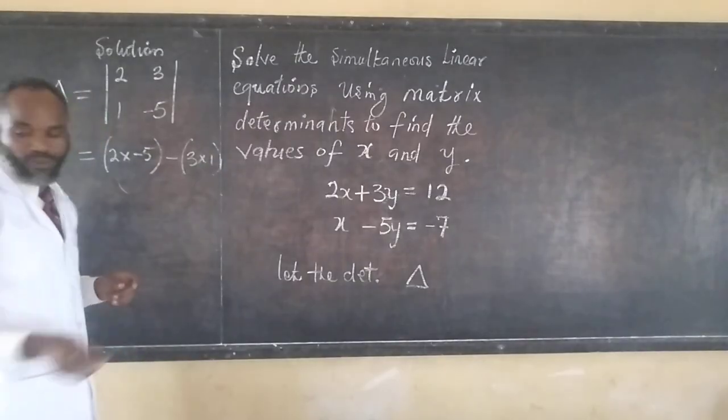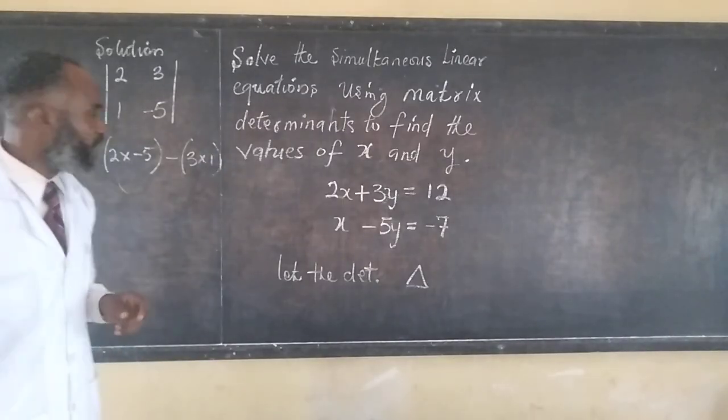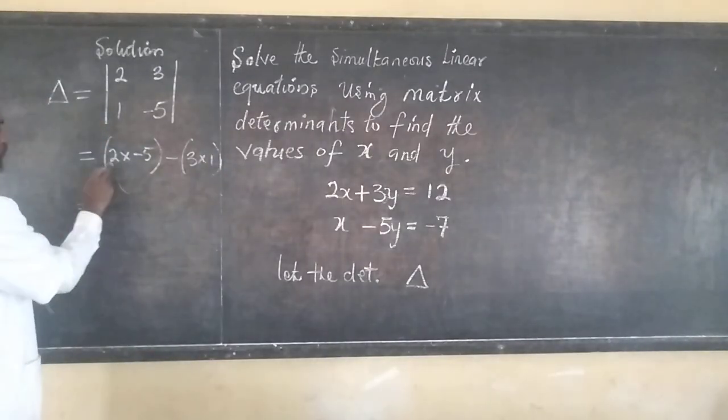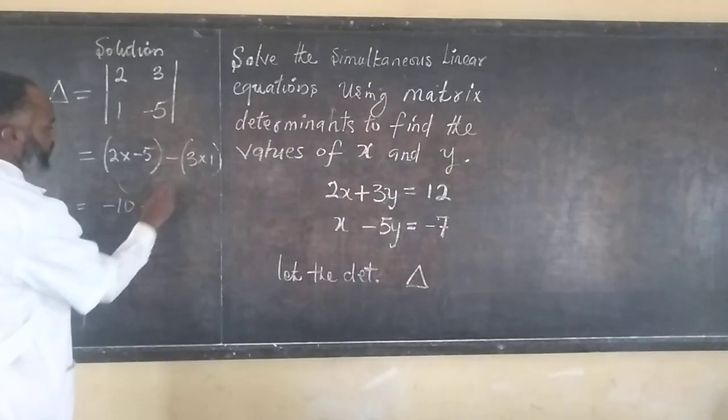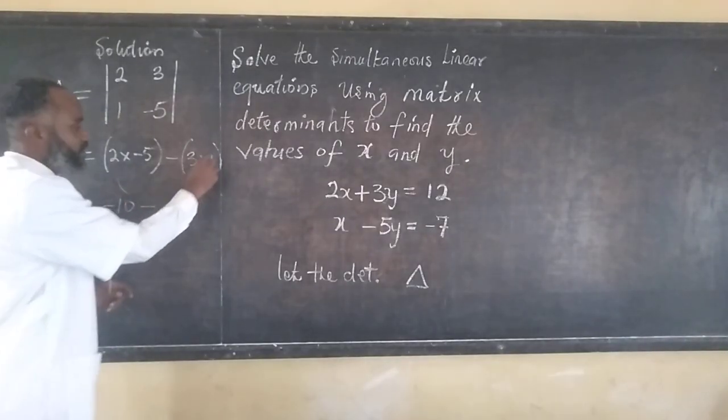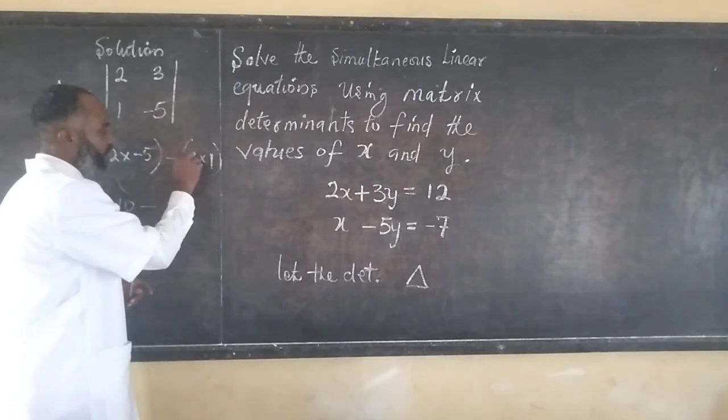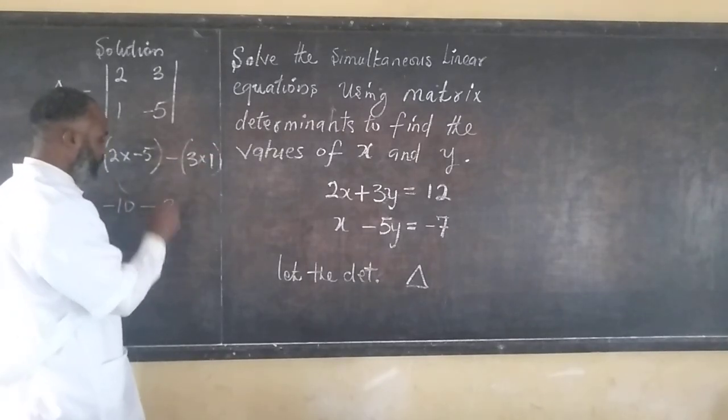Let's see what happens at that point. We have 2 times minus 5 is minus 10, right? Minus 3 times 1, 3 times 1 is simply 3, right?